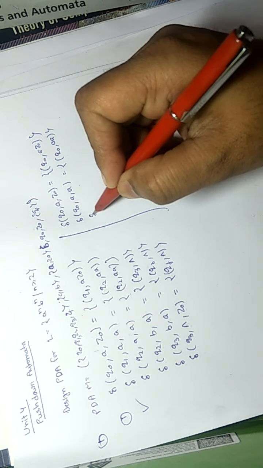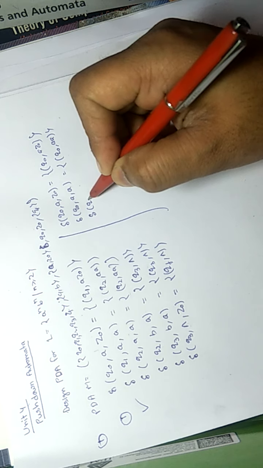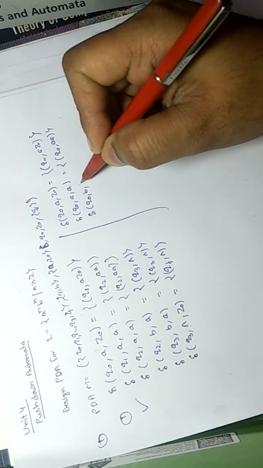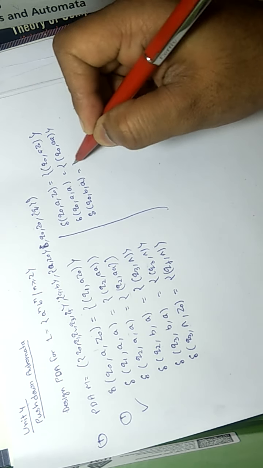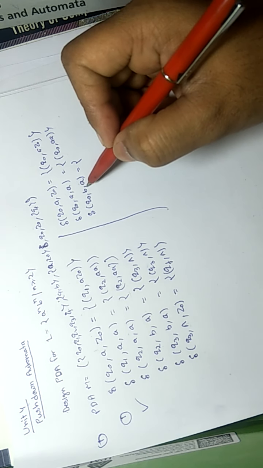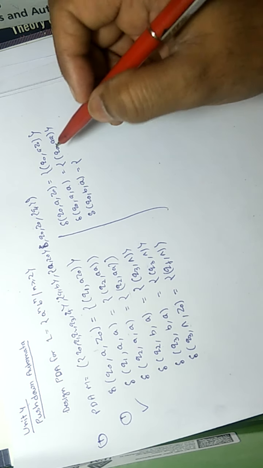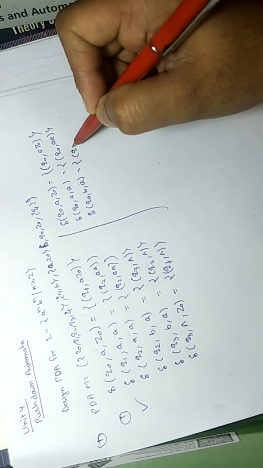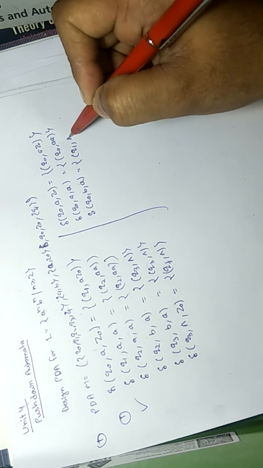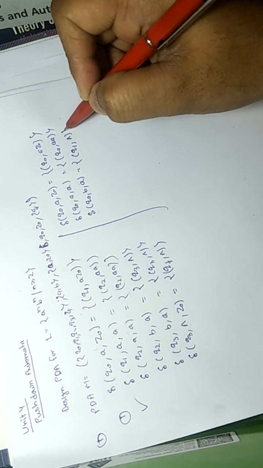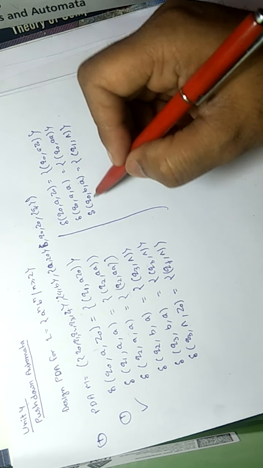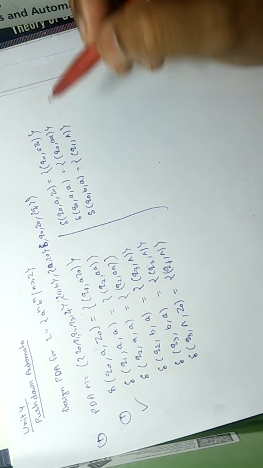Now when we read b, a will be on the top of the stack, and on reading b we have to pop a, and now change state to q1. By changing state to q1, we moved q0 to q1 and we popped 1 a.